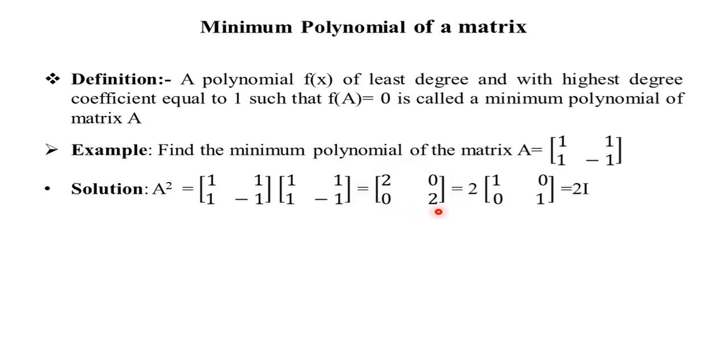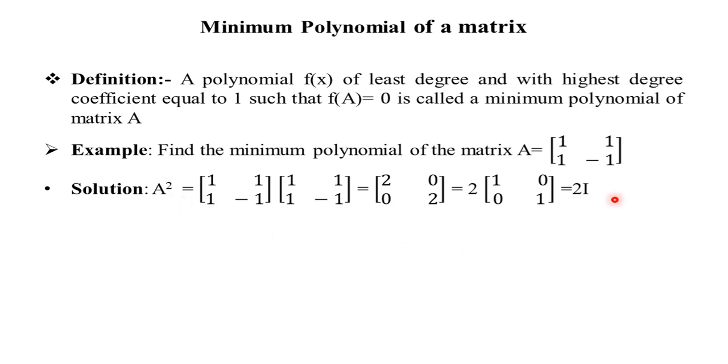So we get the matrix A square as [2, 0; 0, 2]. Now this can be written as 2 taken outside, 2 times [1, 0; 0, 1], that is 2 into identity matrix of order 2 by 2.